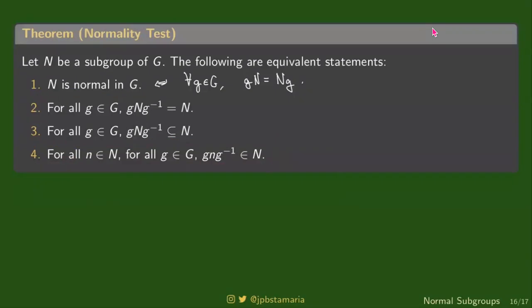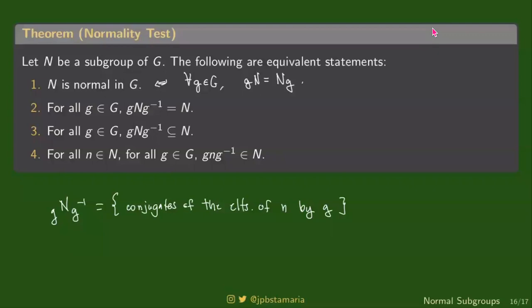Now, let me explain them one by one before I proceed with the proof. Ang ibig sabihin natin ng gNg inverse, for your information, double coset ito. Pag sinabing double coset, nag-multiply ka sa kaliwa at the same time nag-multiply ka sa kanan. Ang laman nito are basically the conjugates of the elements of N by the element g.